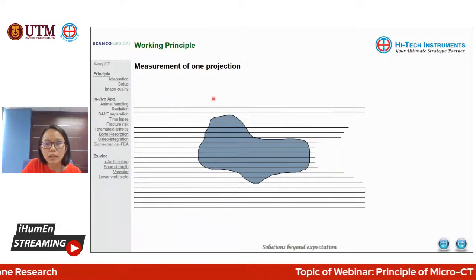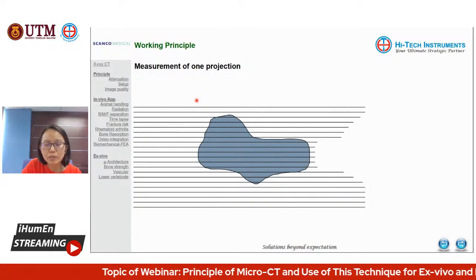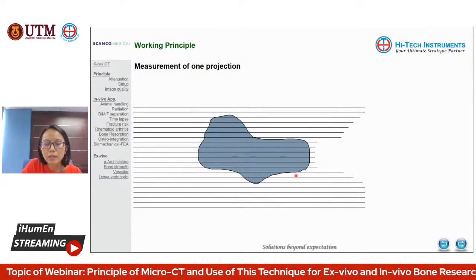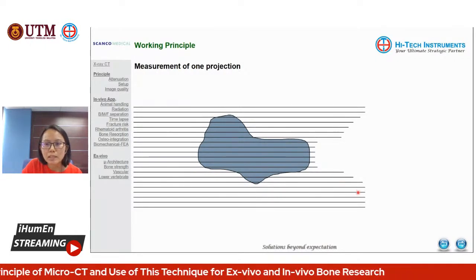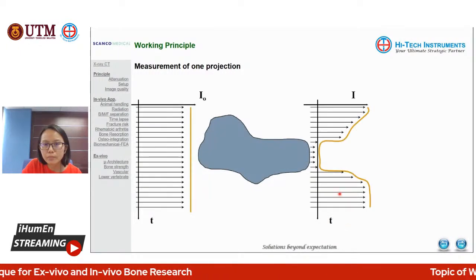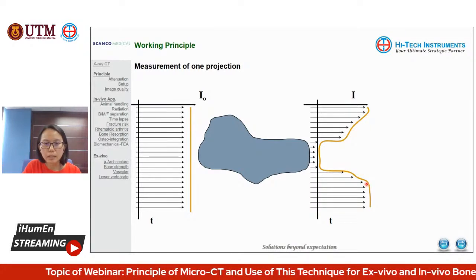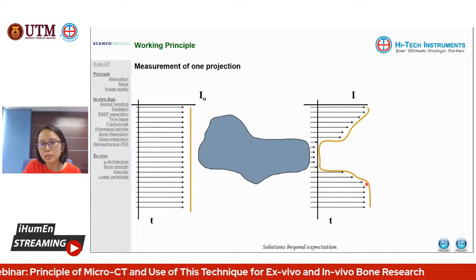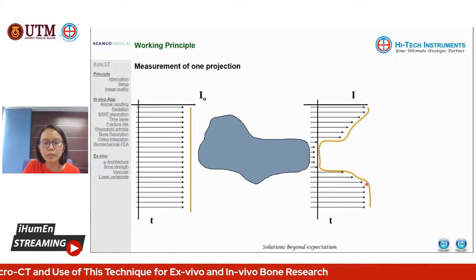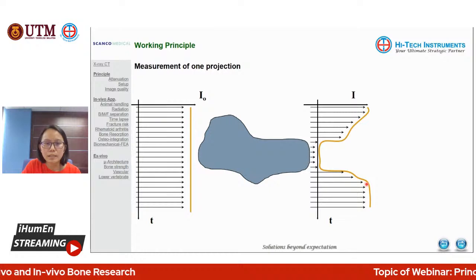Whereas for the X-rays that penetrate through a thinner area, or penetrate through nothing, you can see that all the X-rays will survive. And from here, you get this illumination, or what we call the X-ray beam profile. It will be captured by the detector itself and sent subsequently for reconstruction to get the final slice image.